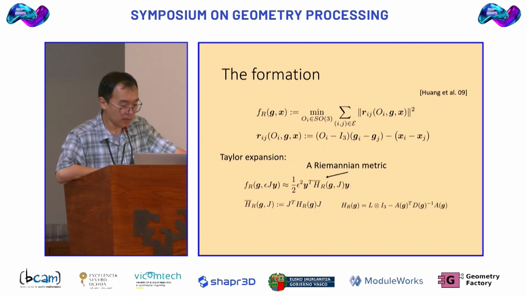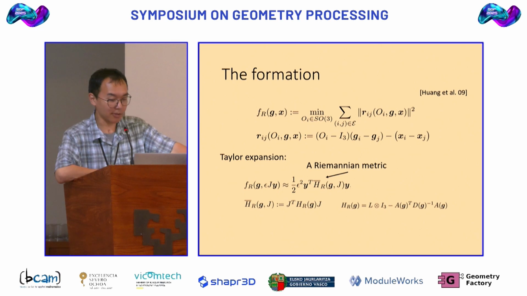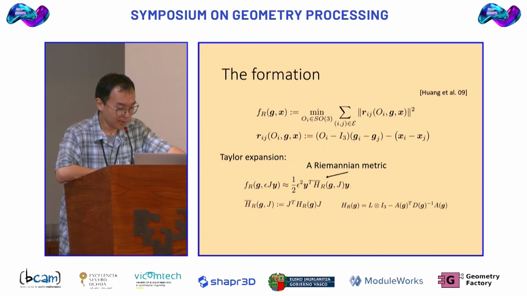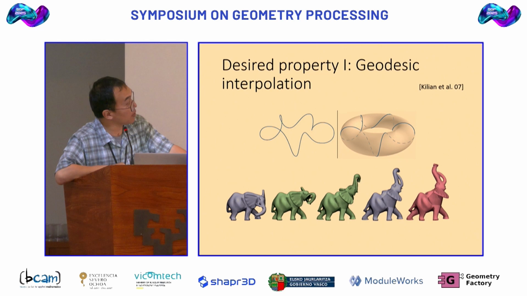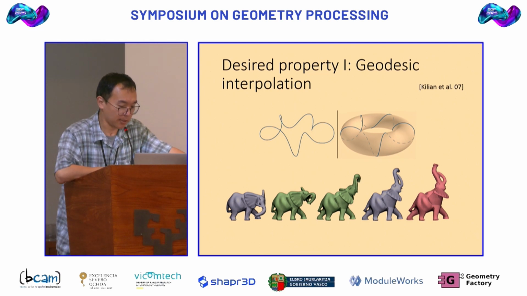We have a Riemannian metric of this shape manifold. If you have a Riemannian metric of a shape space, so what do people do? This is a well-known paper, called Geometry Modeling in Shape Spaces.